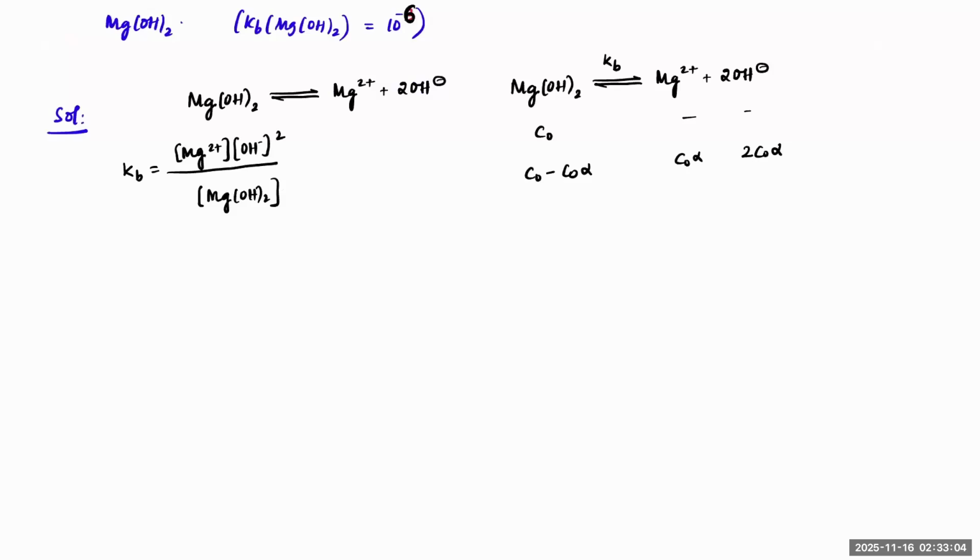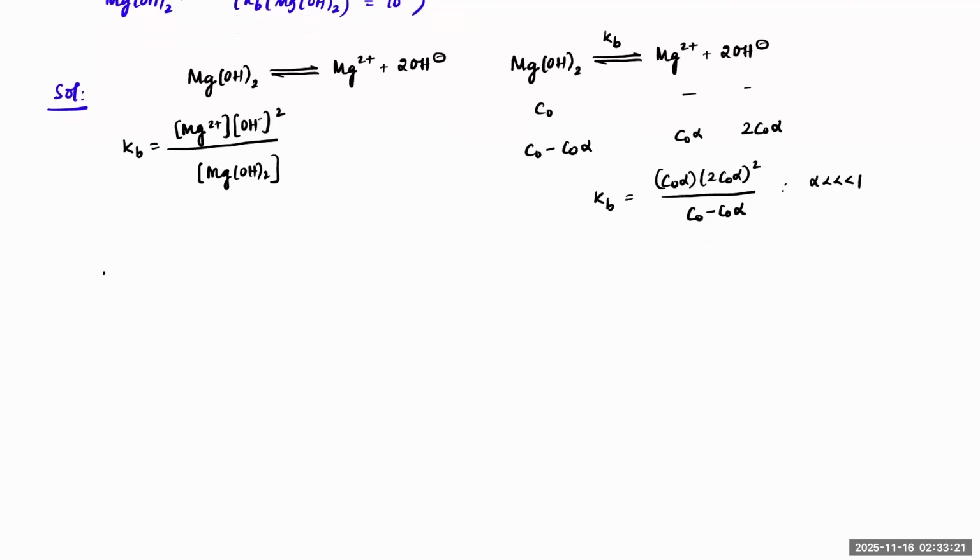And as usual, KB in this case will be equal to C naught alpha into 2 C naught alpha whole square divided by C naught minus C naught alpha, correct? And alpha we consider to be much less than 1. So therefore, KB value now will be equal to C naught, 1 C naught will get cancelled.